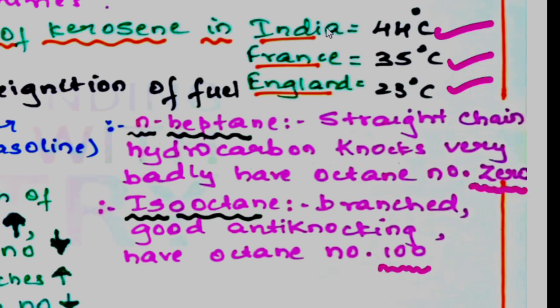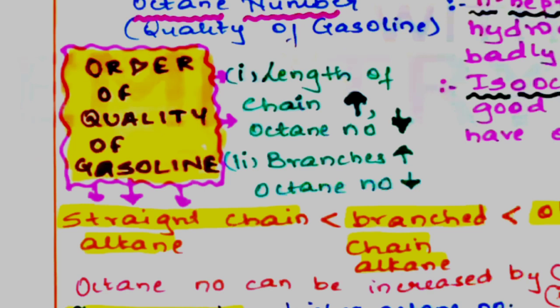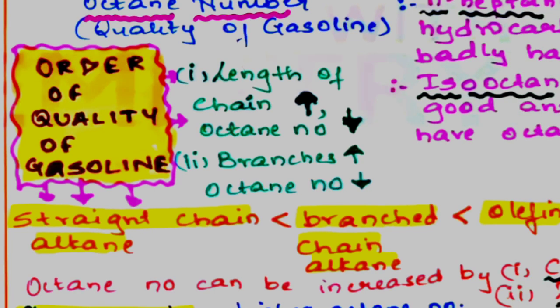Whereas isooctane is a branched chain hydrocarbon and has very good anti-knocking properties. It has octane number 100. Now, order of quality of gasoline. Remember, as the length of the chain increases, octane number decreases, and as the branching increases, octane number increases, not decreases.